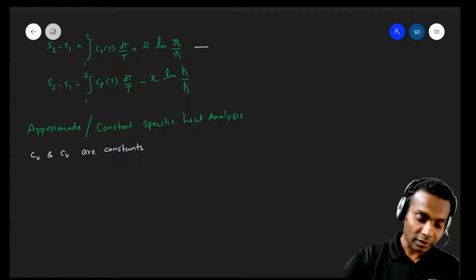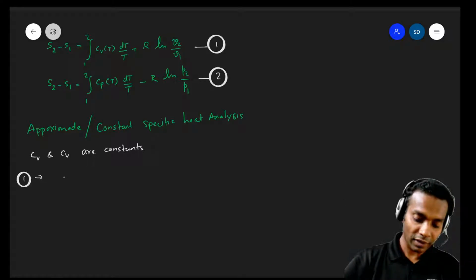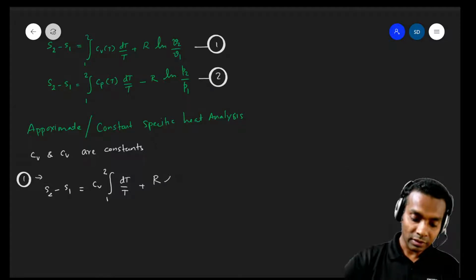So for equation 1, if Cv is a constant, S2 minus S1, we can directly take Cv out of the integral: Cv times the integral from 1 to 2 of dT over T, plus R natural log of V2 over V1.